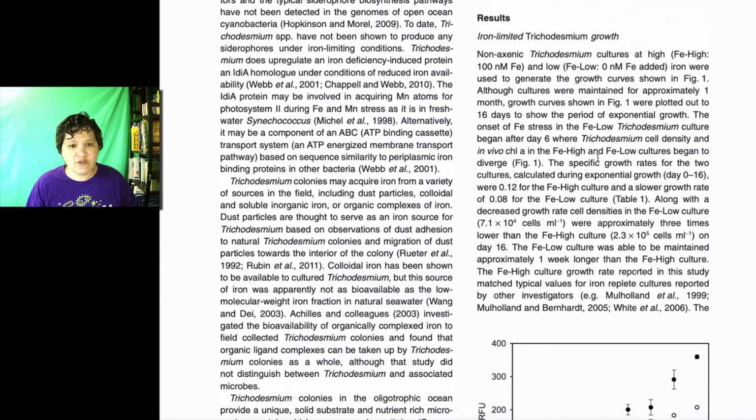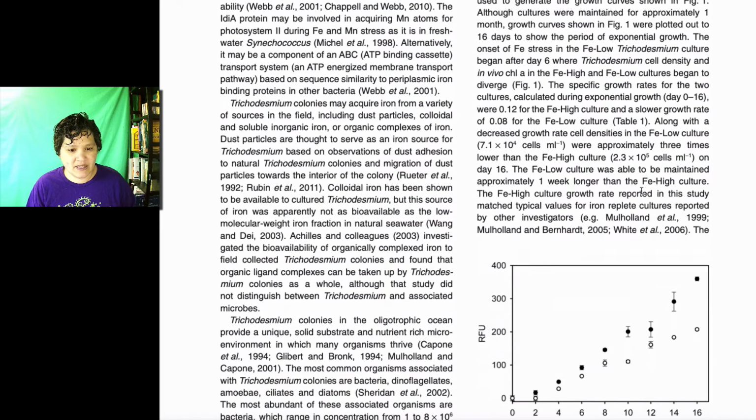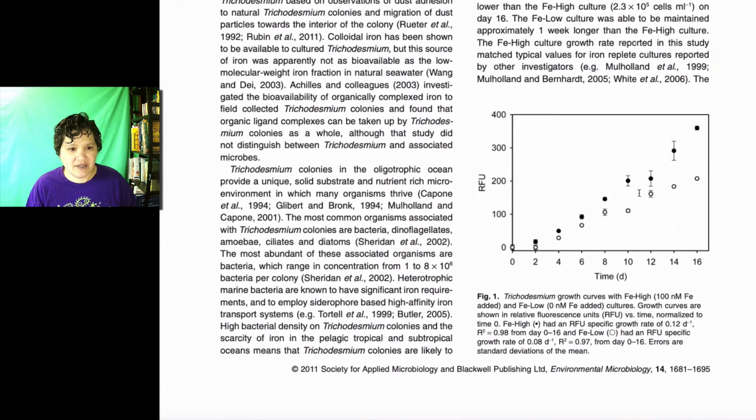And then if you look at what's actually written here, they talk about specific growth rates that they observed. Now, that paragraph is describing what happens in figure 1. So figure 1 is the first illustration.